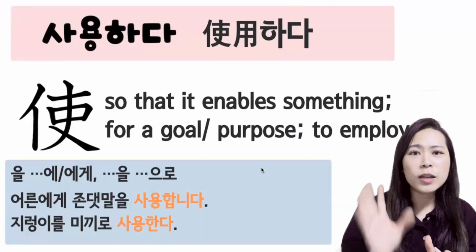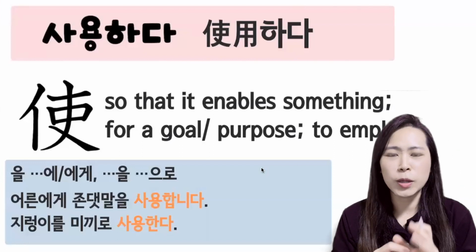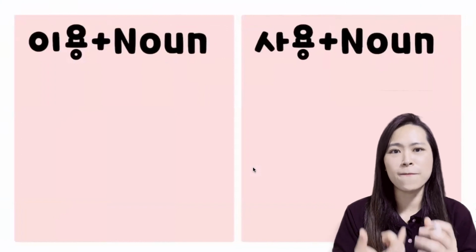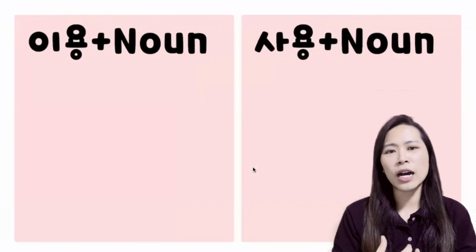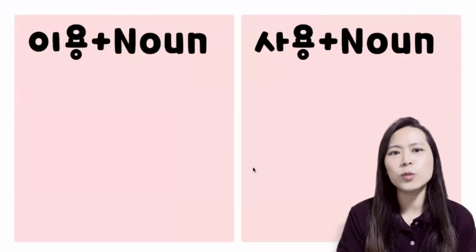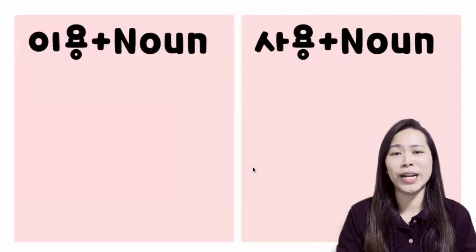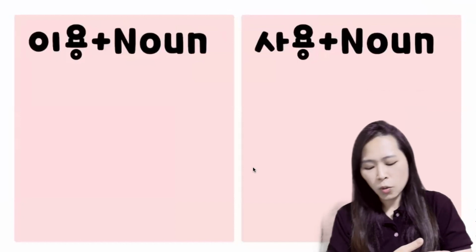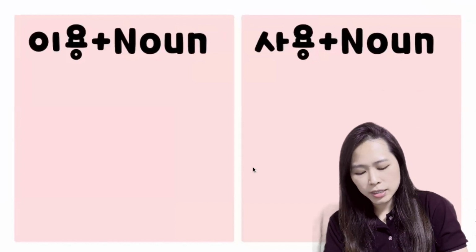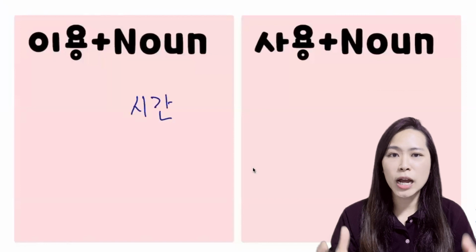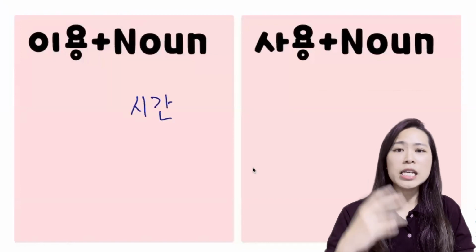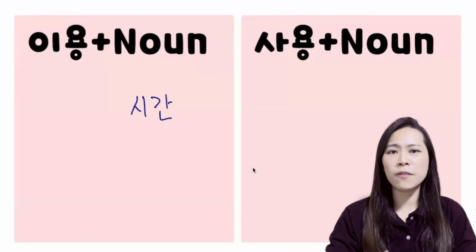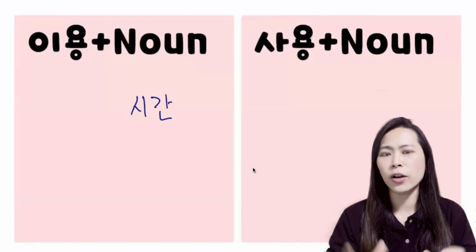Alright. Now, 이용 and 사용, as you know, are both Hanja words, and we place 하다 next to them to form a verb. Instead of 하다, we can also place a noun to form another word. For example, 이용 plus a noun, like 시간, time. 이용 is to use a service, an application, or a website. If you are using the library, it's a service.